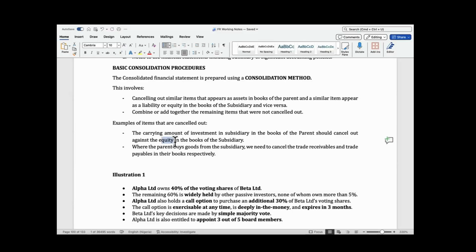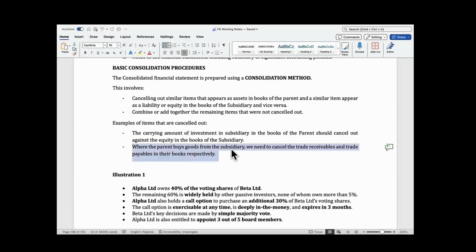You want to see their financial statements and think that, okay, this is a company, not that these are different companies' books put together. We want to see it as an economic unit. Aside from that, where the parent buys goods from the subsidiary, we need to also cancel out trade receivables and trade payables in their books respectively.